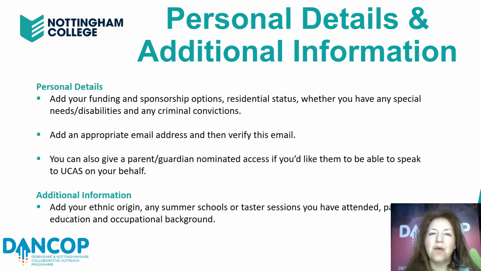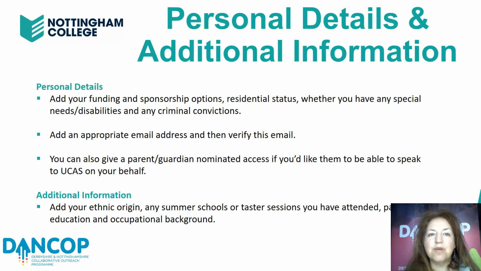Where there's a drop down box for you to put in a code, you need to select 02. You'll also need to state whether or not you've got any special needs or disabilities and any criminal convictions. Really important to declare those if you do have any. It's not going to go against you when it comes to applying to uni, so don't worry about that.